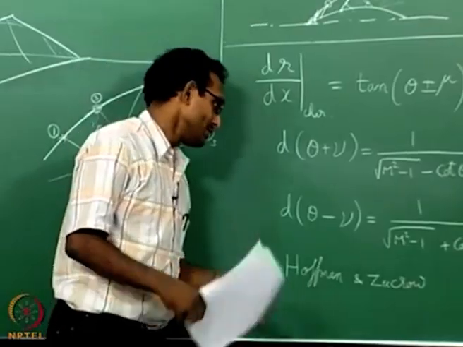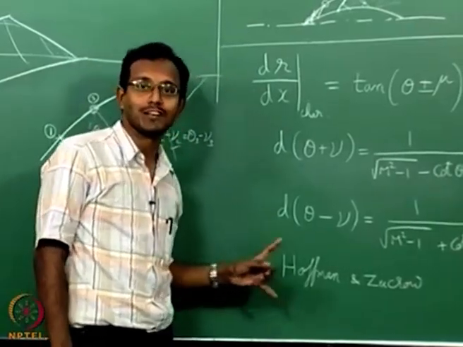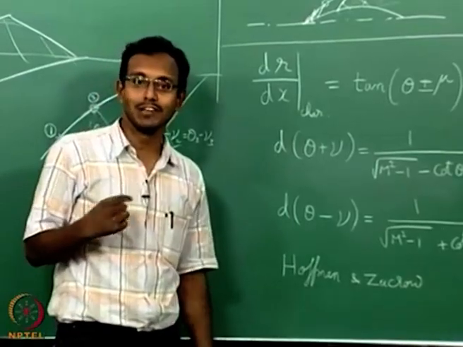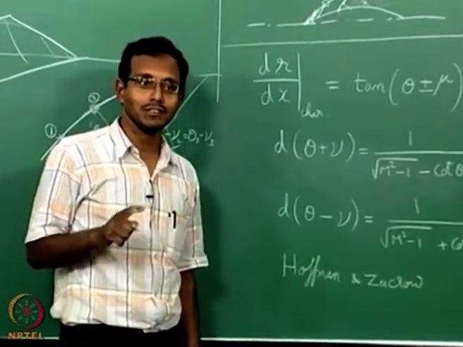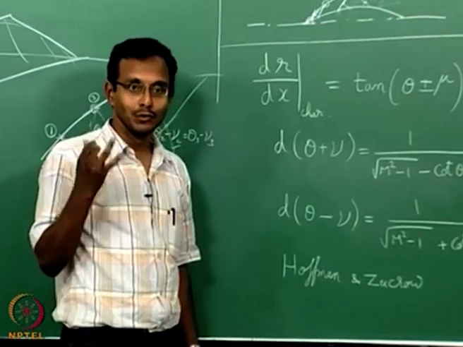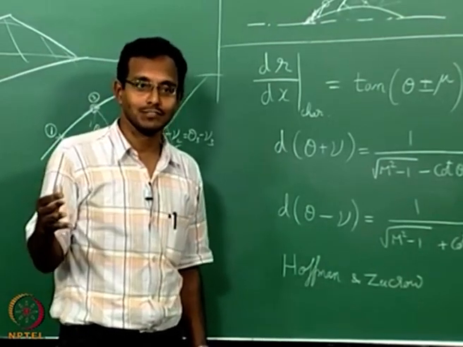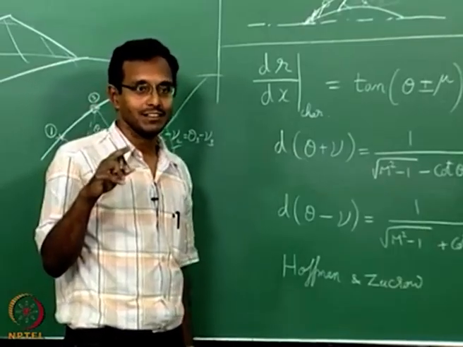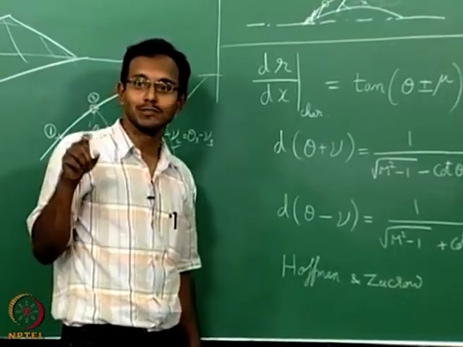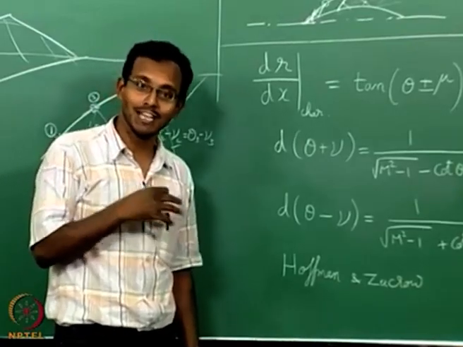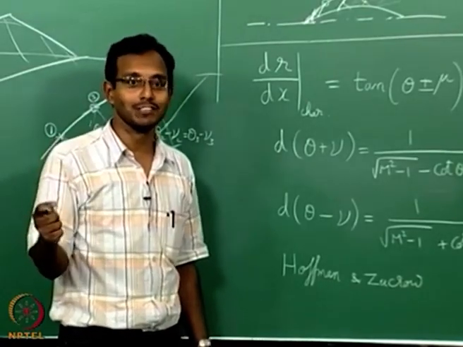This gives you a different approach to method of characteristics. It does not use theta and nu as the variables along the characteristic lines. They use pressure, u and v as the actual values, which means they are not using the phi based method, the velocity potential based method, they are solving the actual equations, mass, momentum, energy equations.